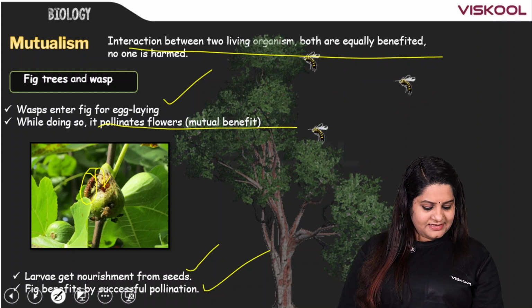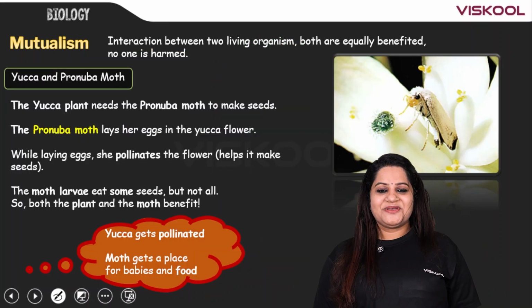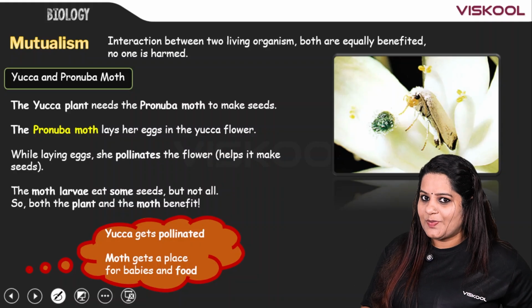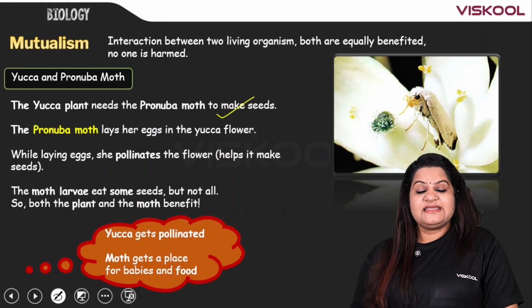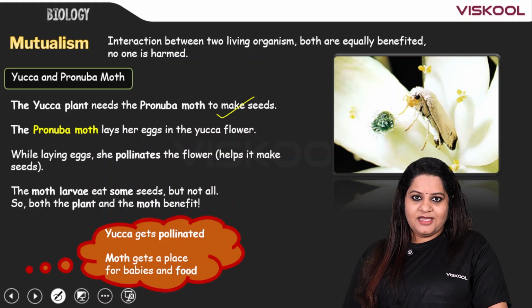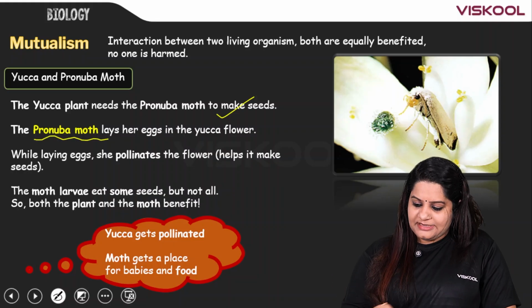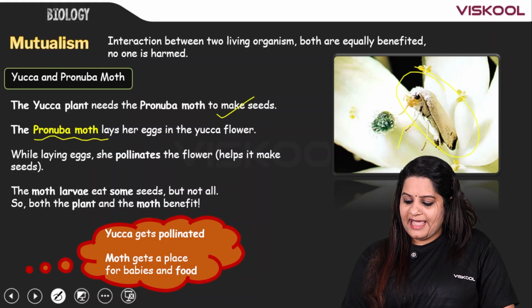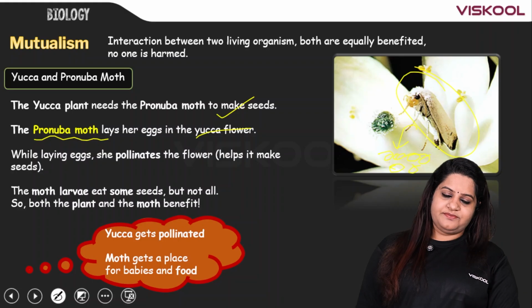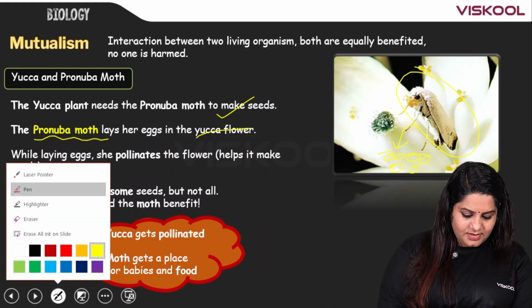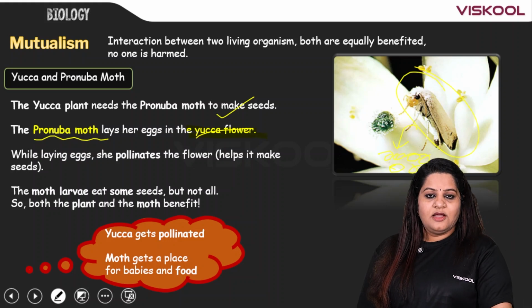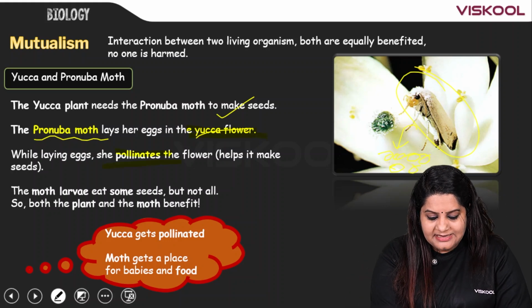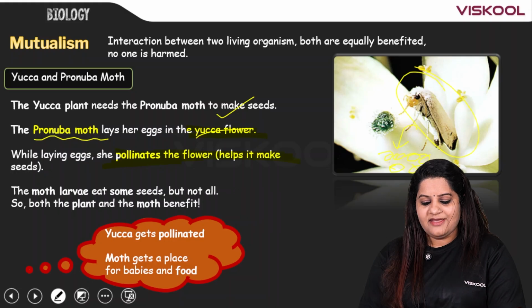Understood? Yes. Come on. So here comes Yucca and Pronuba moth. Yucca plant needs the Pronuba moth to make seeds actually. So Pronuba moth, what does it do? This is the Pronuba moth. It will lay eggs in the yucca flower. While laying eggs, she pollinates the flower.